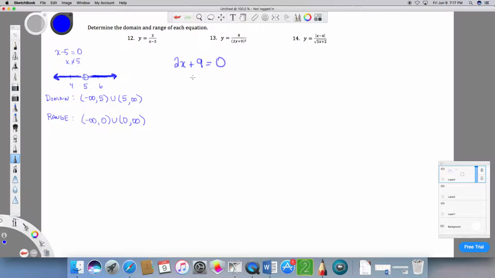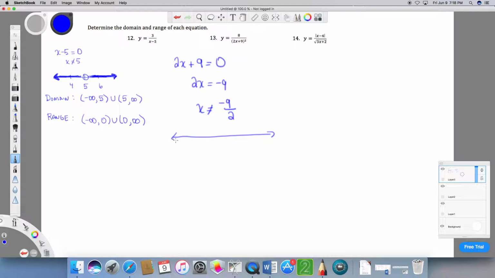So if I solve this for x, then I see that I do not want x to ever equal negative 9 divided by 2. I want to avoid letting x be negative 4.5. But all the other values are fine.